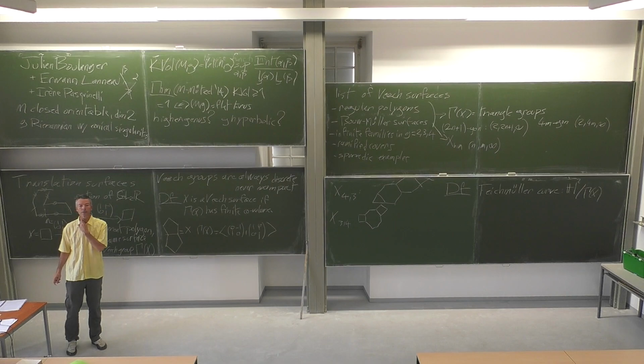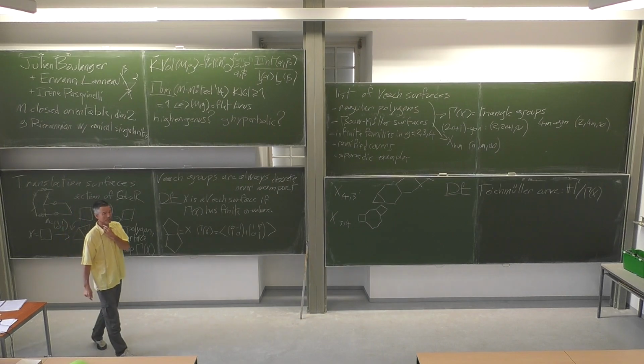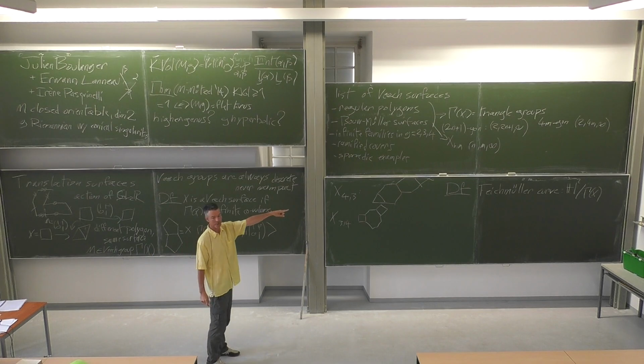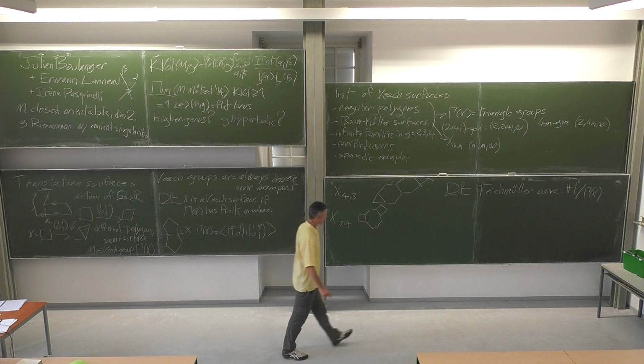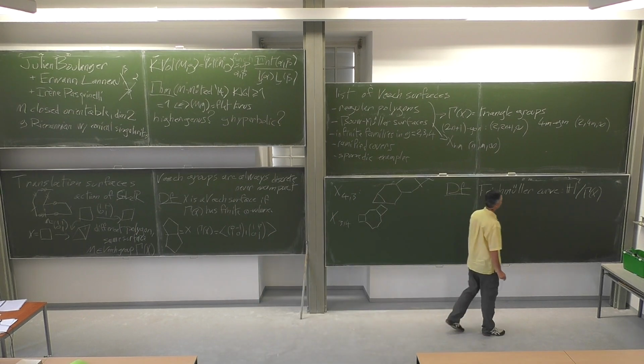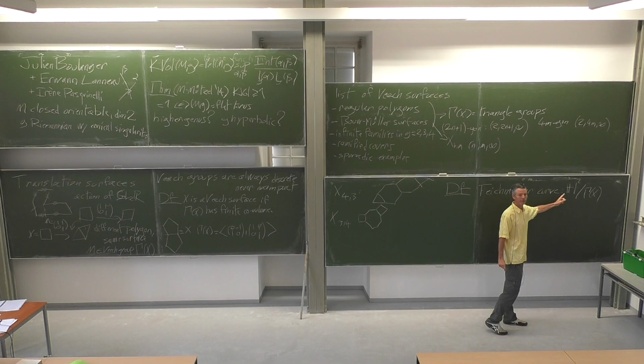Yes, exactly. For each surface, you have one Teichmüller curve. Does that answer your question? Your question seems to be independent. This is a curve in the moduli space.